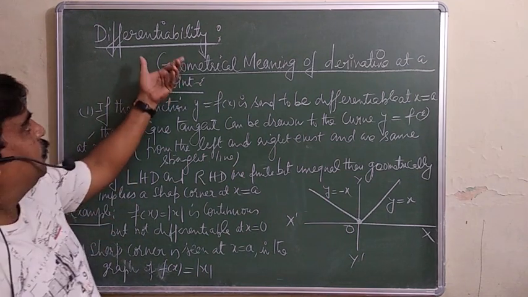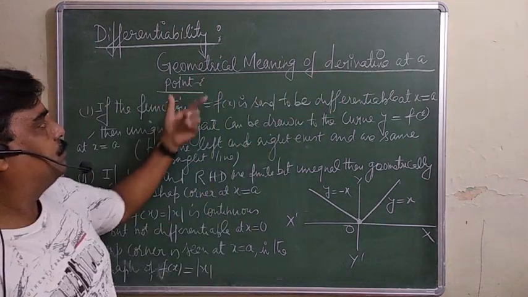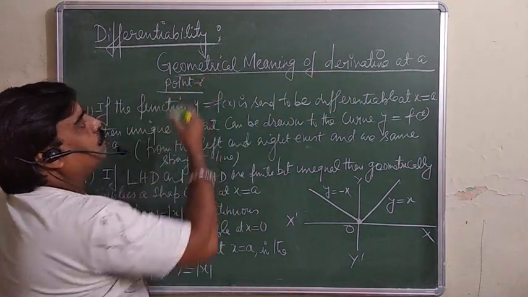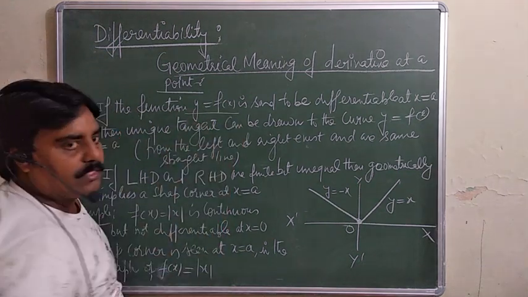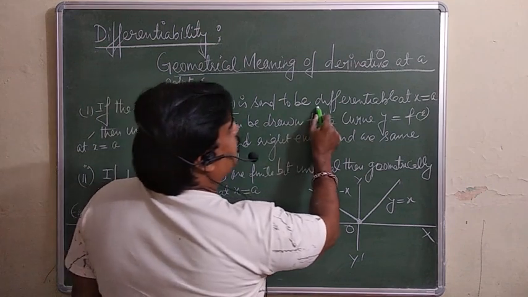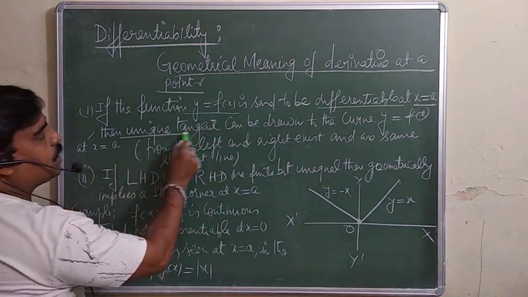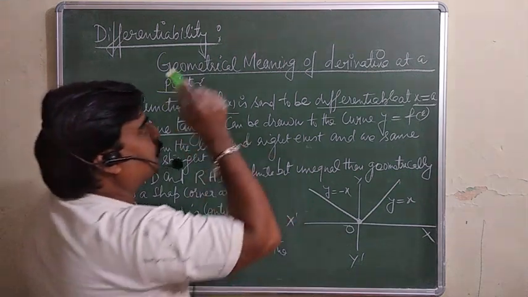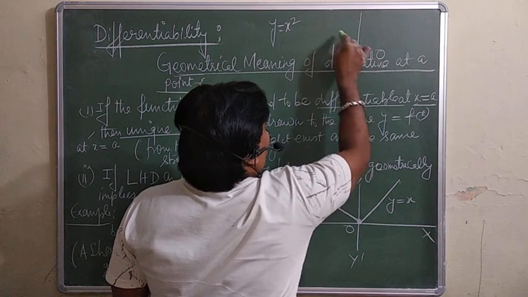Now the differentiability and geometrical meaning of a derivative at a point. What is the geometrical meaning of the derivative at a point? If the function y equals fx is differentiable at the point x equals a, then a unique tangent can be drawn. Suppose you take the function y equals x square and draw the graph.